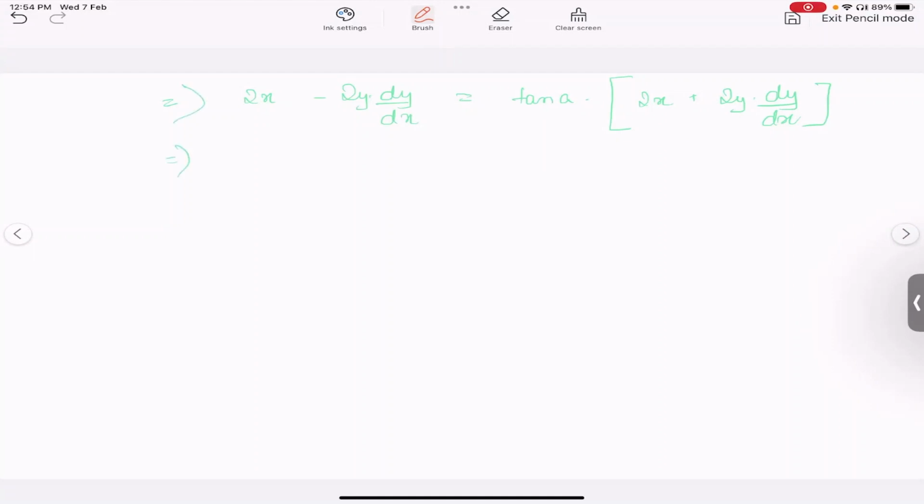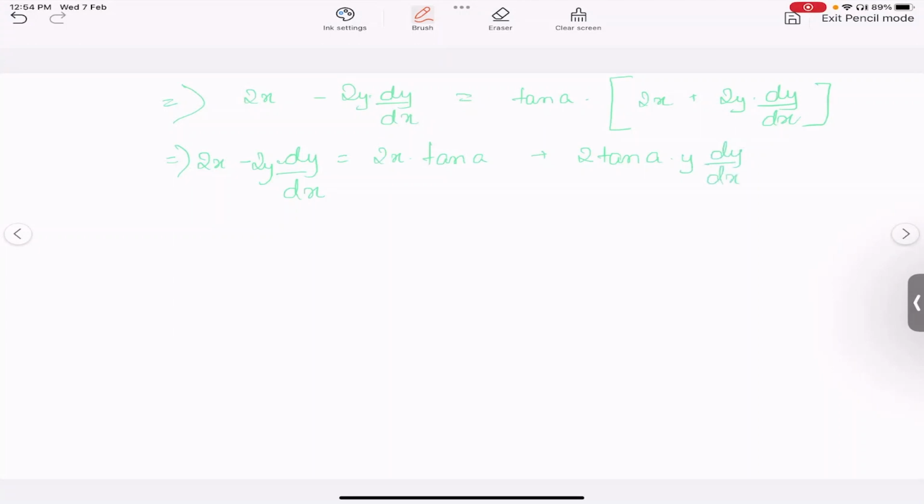We will arrange dy by dx terms on one side. Let's rewrite the equation. 2x minus 2y dy by dx will be equal to 2x times tan a plus 2 tan a y dy by dx.